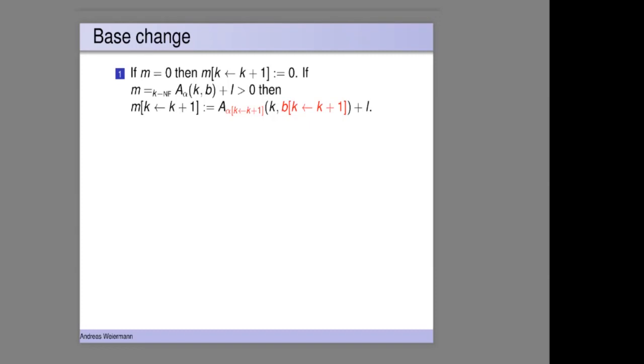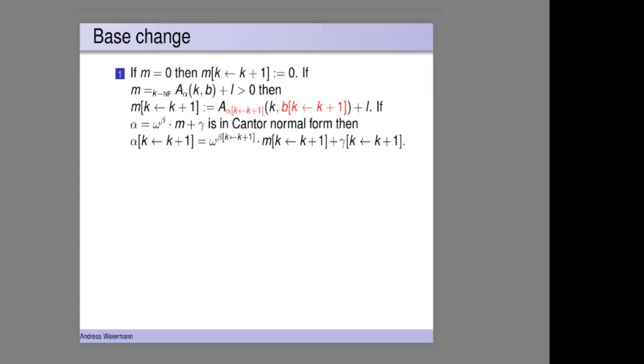But for the rest, I do base change in alpha. So a index alpha, where I do the base change in alpha, of, and then there must be k plus 1, of, and then in the second argument, I do also the base change, and then finally the l is unchanged. Now I have to explain what it means to do base change in alpha.